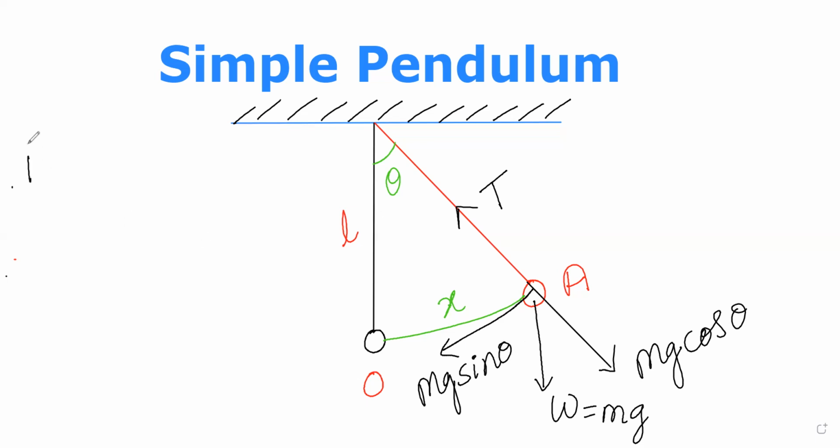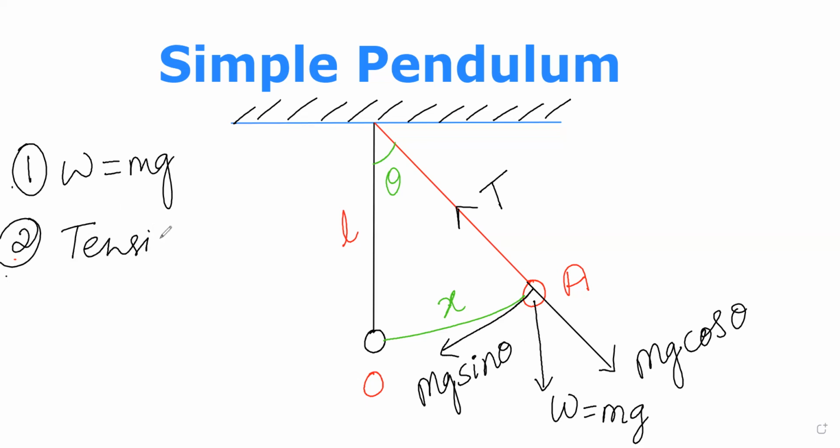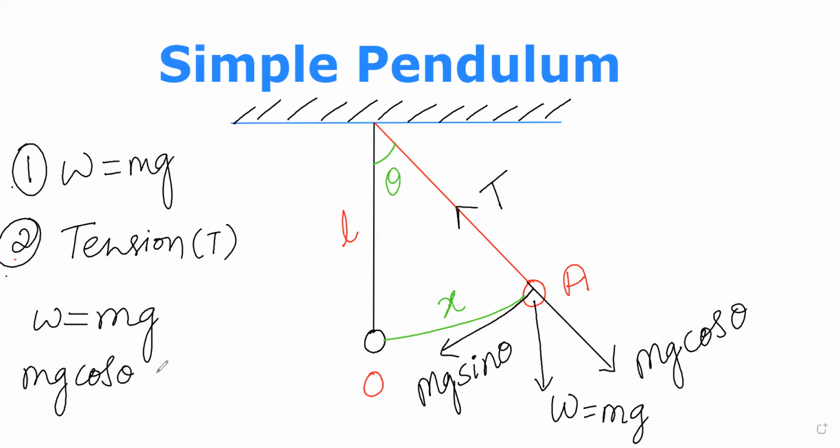Number one, W equals mg. Number two, tension, which acts along the string here, T. Again, W is split into two rectangular components, W equals mg: one is mg cos theta, another is mg sin theta.